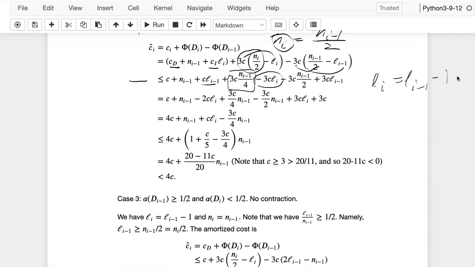So I got these two merged. You can do your own calculation. So this is 3C, this is 3C, this is 3C. And then this is a negative, so this is a plus.